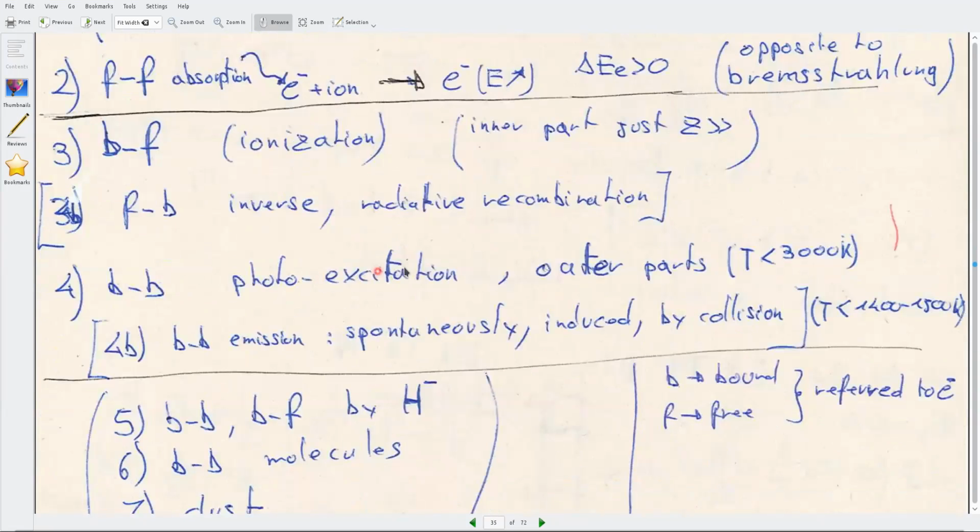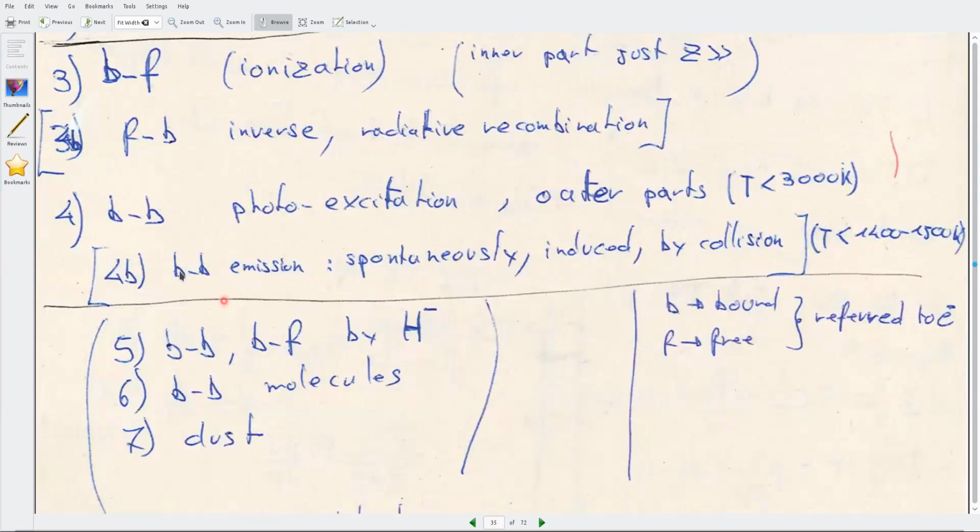Bound-bound, photo-excitation: a photon is absorbed by an electron that goes to the higher state of the orbital around. It is needed definitely in the outer part of the envelope, temperature lower than 3000 Kelvin. Also bound-bound emission, spontaneously induced by collision, at even lower temperature.